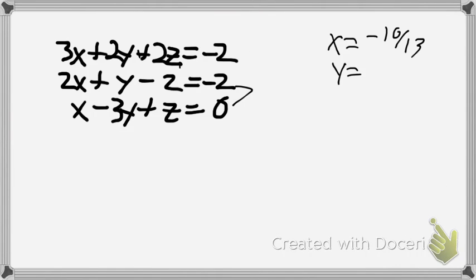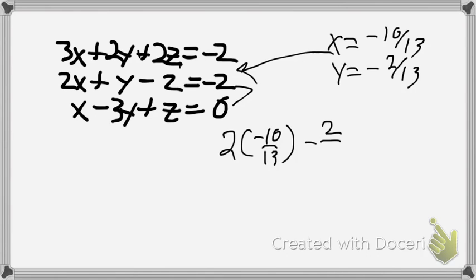Did the same thing here. So now we know that my x is negative 10/13 and my y is negative 2/13. I'm going to plug that into my middle equation because that's the one with just a z hanging out. So I have 2 times negative 10/13 minus 2/13 minus z equals negative 2.